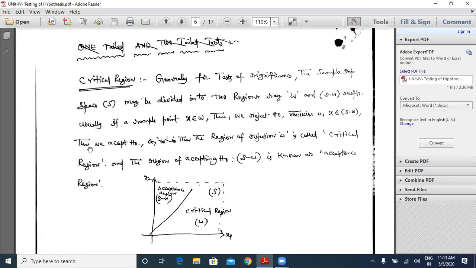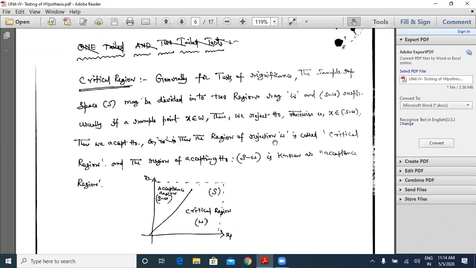Next, critical region. Generally, for a test of significance, the sample space S may be divided into two regions, say omega and S minus omega. If any point X falls into omega, then we reject the hypothesis H0. Otherwise, if any point falls in S minus omega, we accept H0.